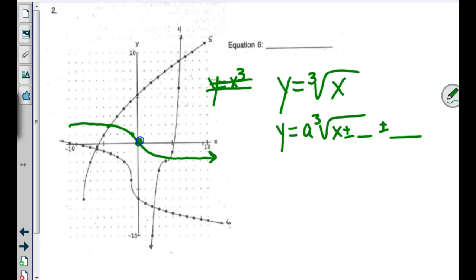Where did this 0, 0 inflection kind of point switch to? -1, -4? Okay, so down 1, no, left 1, sorry, left 1, down 4.